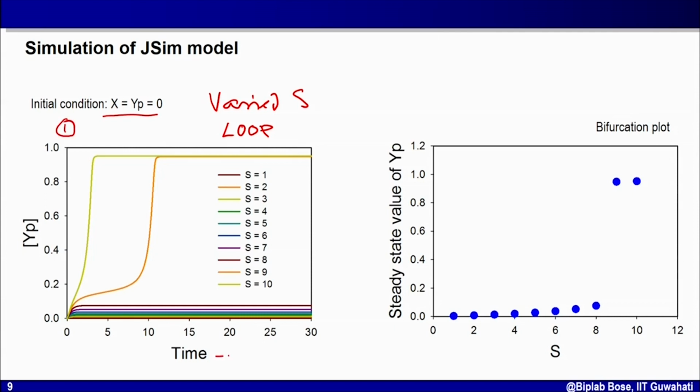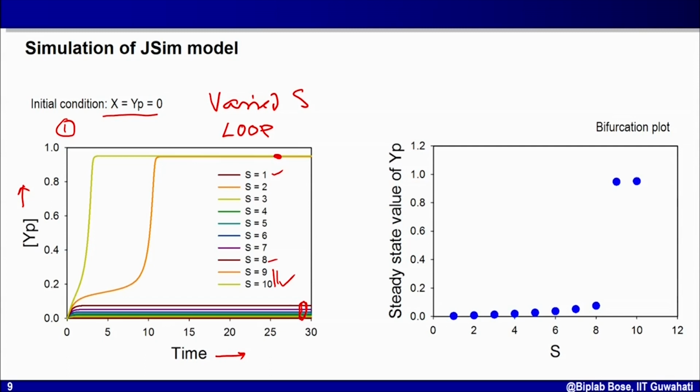I have plotted time t here and yp on the vertical axis. I have varied s from 1 to 10. Only for the two higher values, 9 and 10, the steady state is near 1. That is a higher value. Whereas for the rest of the values of s, from 1 to 8, you can see the steady states are near 0.1. So lower value.